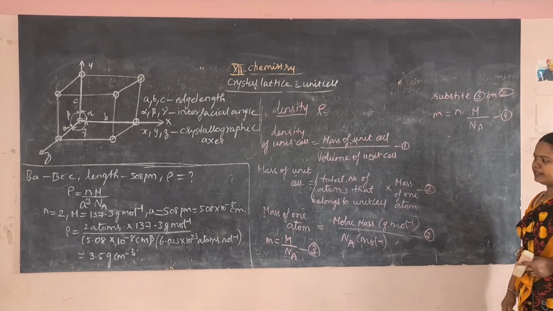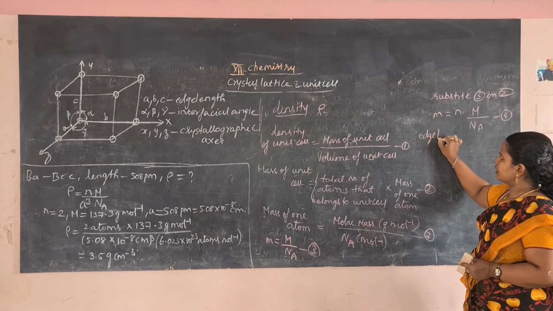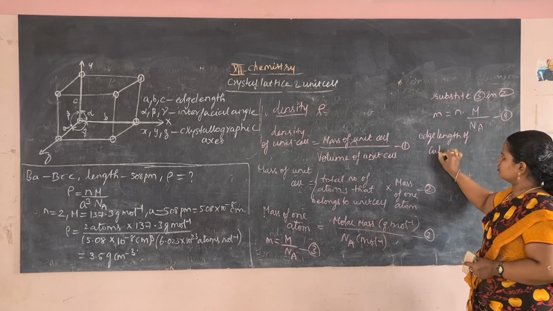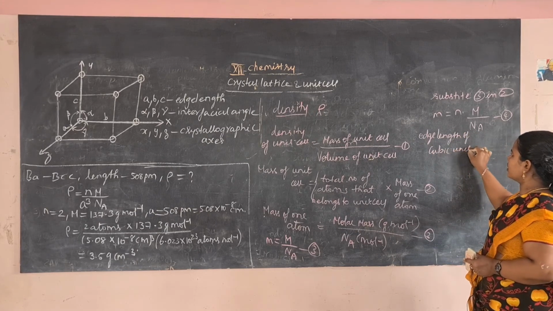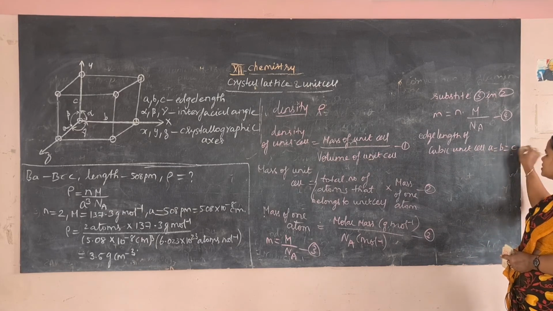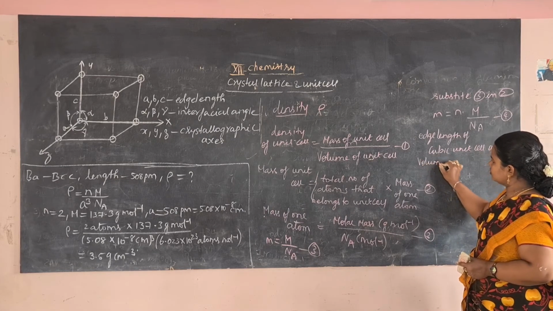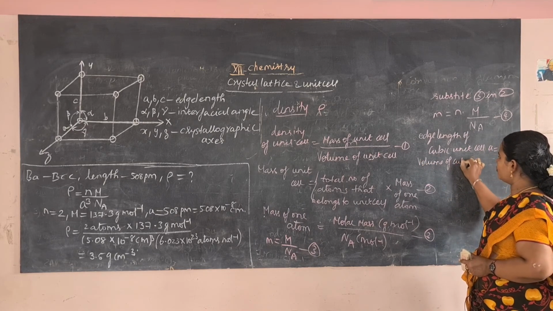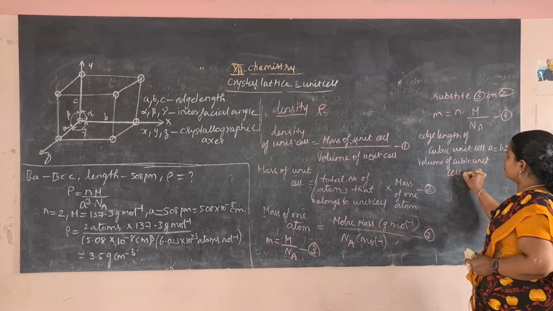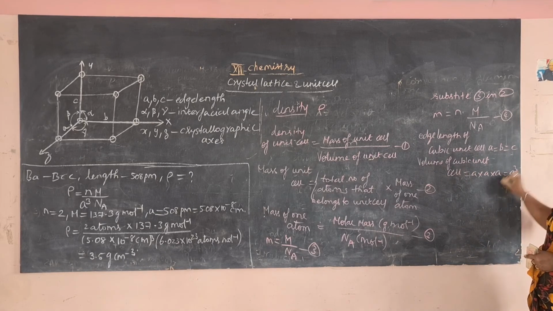Now we know the edge length of a cubic unit cell: a equal to b equal to c, and the volume of the cubic unit cell will be equal to a into a into a, that is a cube.